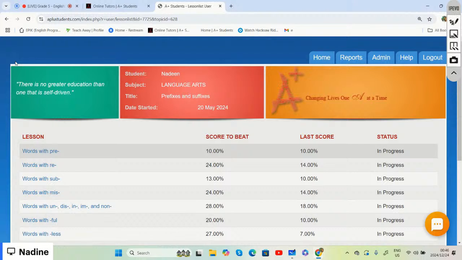We went over pre, which is before. We went over re, which means again. And also we went over sub, which means below, or under, or less than. This is now the end of our lesson on prefixes. Once again, prefixes are added to the beginning of a base word.